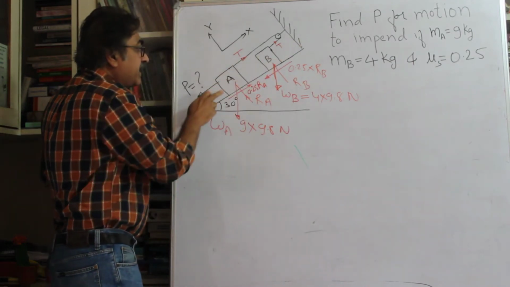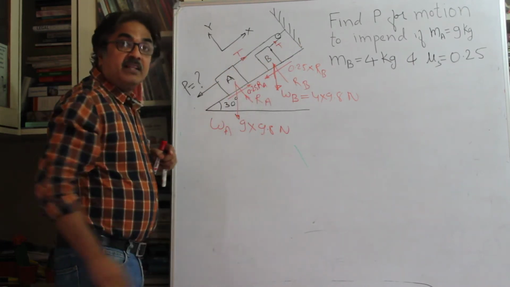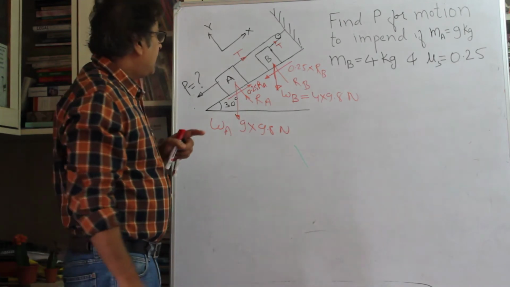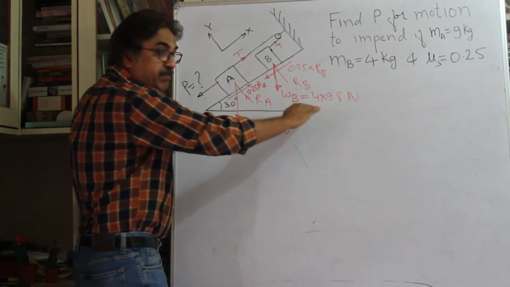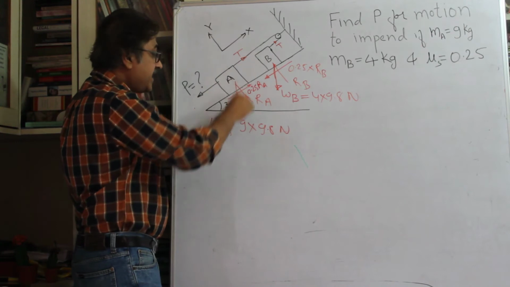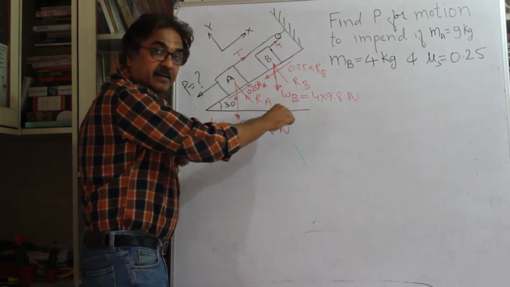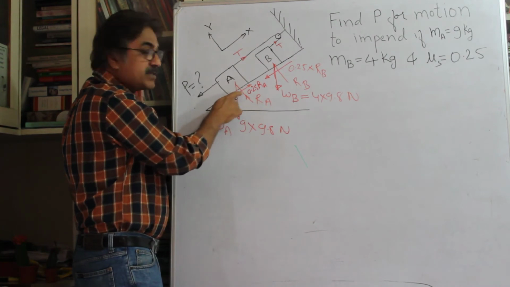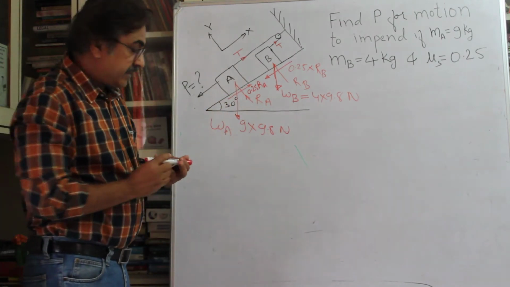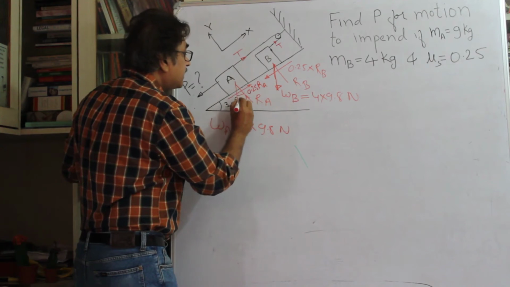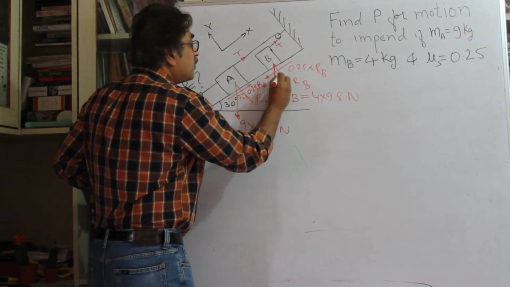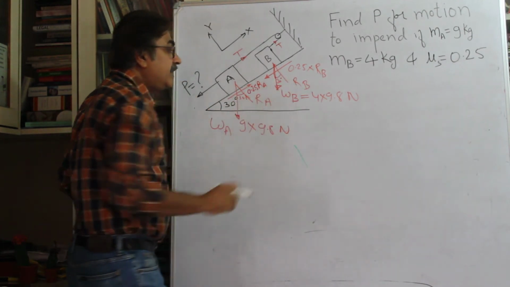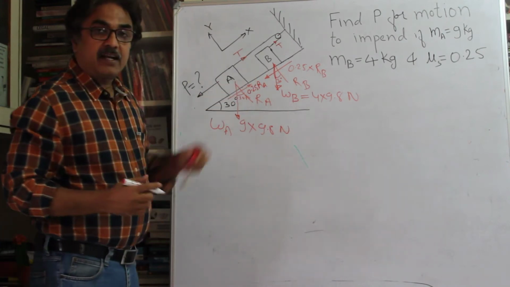The normal to this plane is RA and RB. The normal to the horizontal plane is weight WA and WB, right? So the normal and the weight among themselves, they will make 30 degrees angle. So this angle is 30. This is also 30, right? I hope you agree.